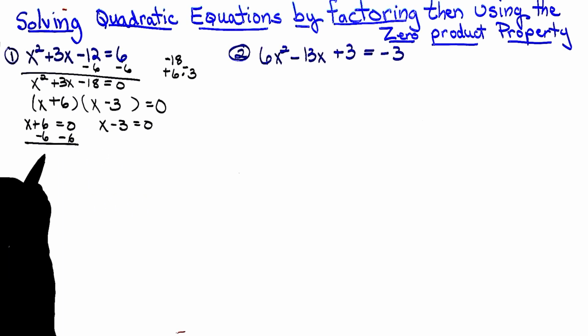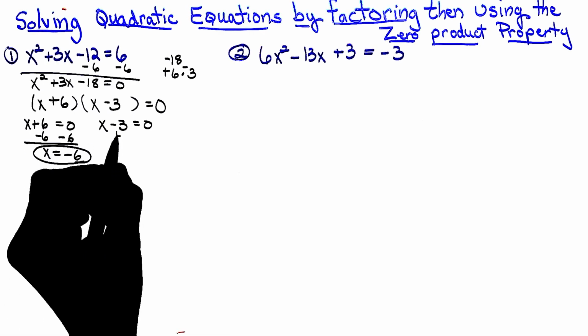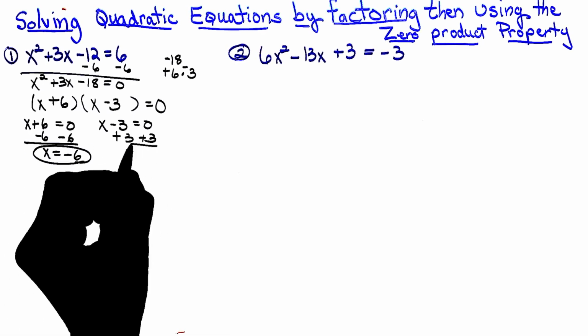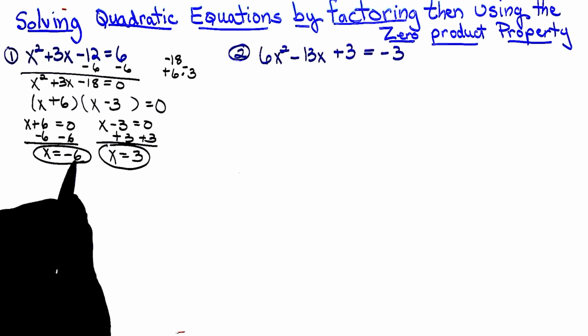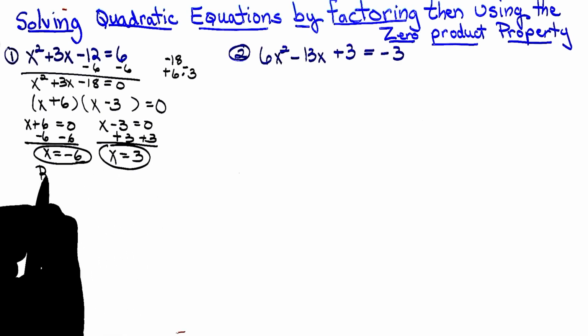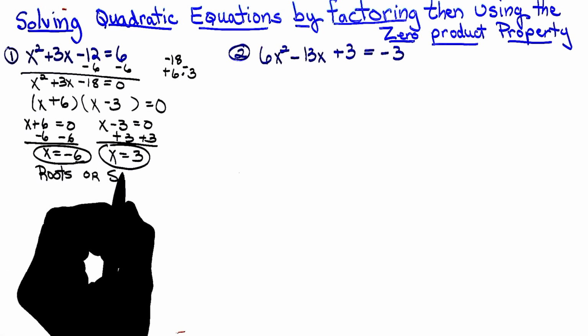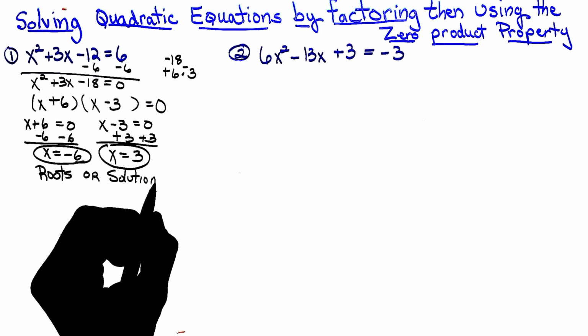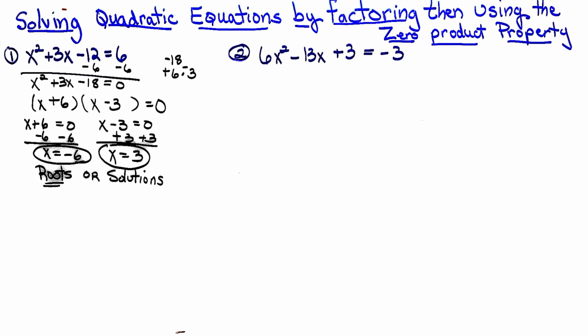So I'm bringing my 6 to the other side. x is equal to a negative 6. I'm bringing my 3 to the other side of the equation. So x is equal to 3. And those we call roots, or we can call them our solutions. But when you're talking about quadratics, the word roots is used a lot.